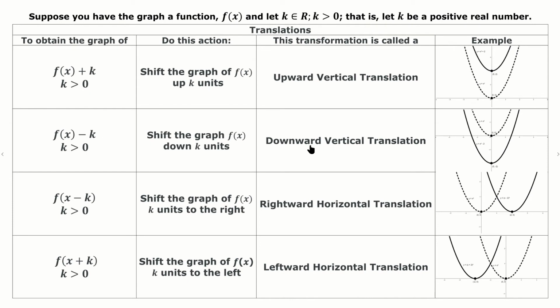So this is called a downward vertical translation. Basically, you're reducing all the y values of each ordered pair on the graph by k units, like so. Okay, well, here I think I'm looking at this example, which is giving me the notion of 3.